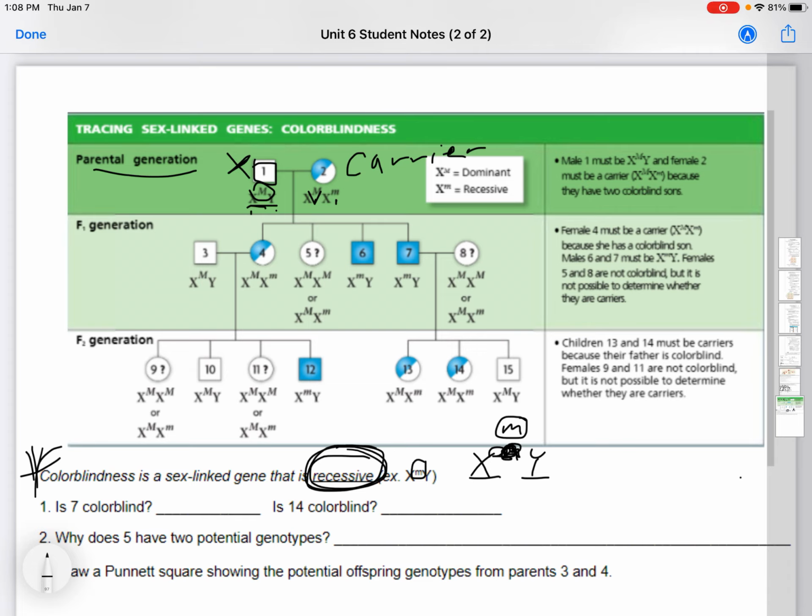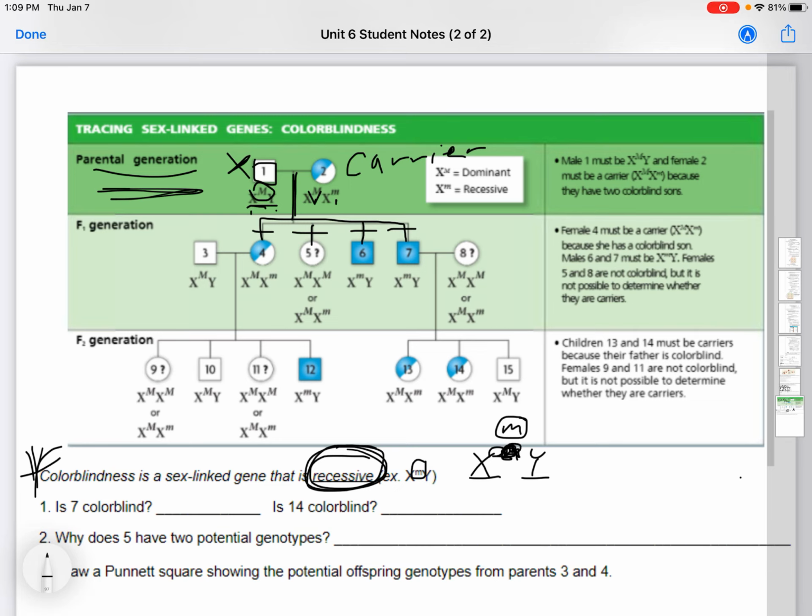So looking down, think for a minute, how many kids does this parental generation have? If you said 4, you're right on. Here's the offspring line, and we see that connected to that line, there's 1, 2, 3, and 4. The other people not connected in this generation are couples or marriages, spouses.